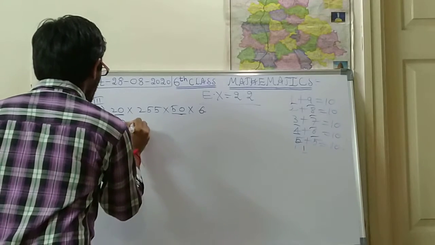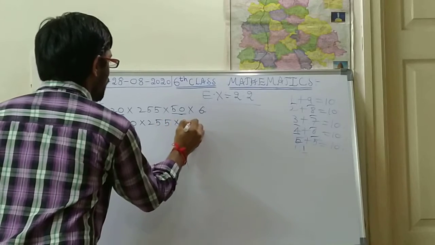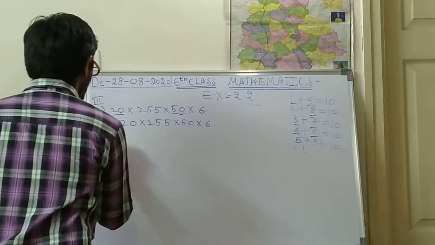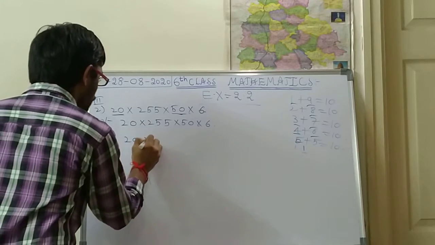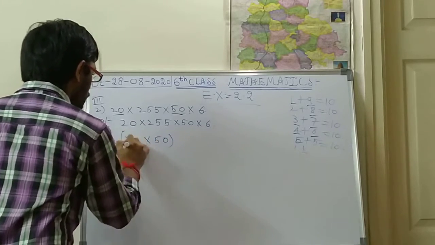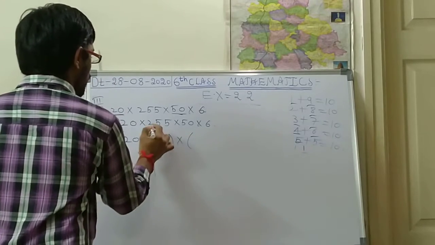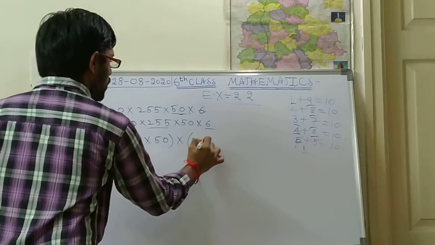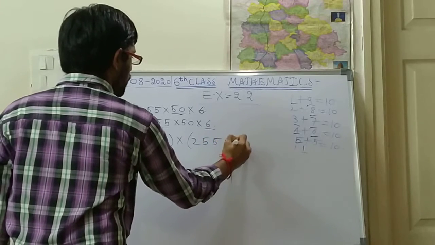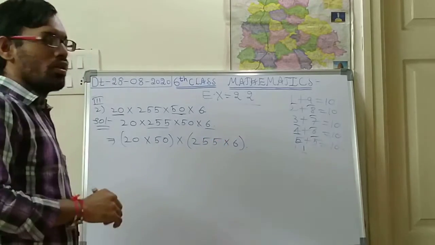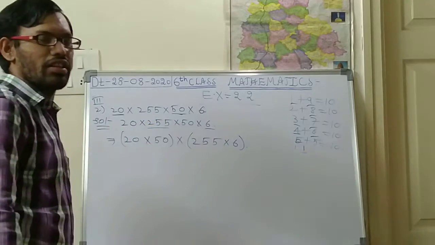So first I write the question as 20 into 50 into 255 into 6. 20 into 50 is one part, 255 into 6 is another part.